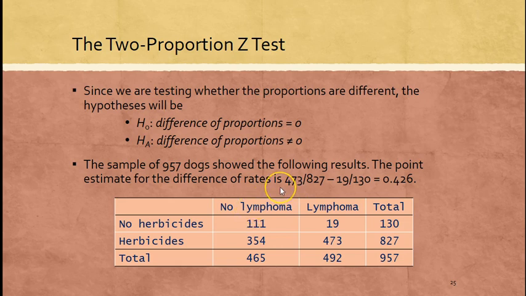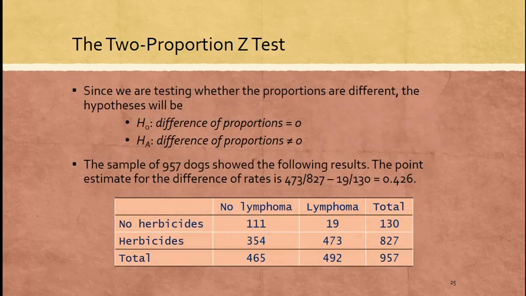For the homes that did have herbicides, it was 473 divided by 827. For the homes that did not have herbicides, it was 19 out of 130. So if you go 473 over 827 minus 19 over 130, that's about a 43% difference between the two groups.